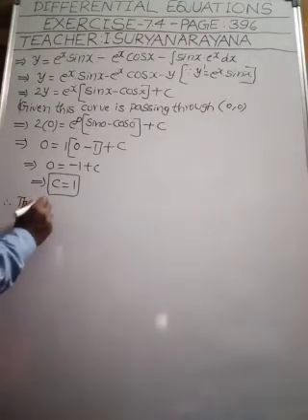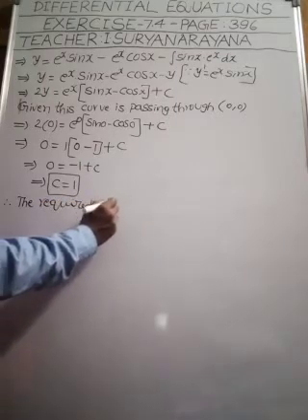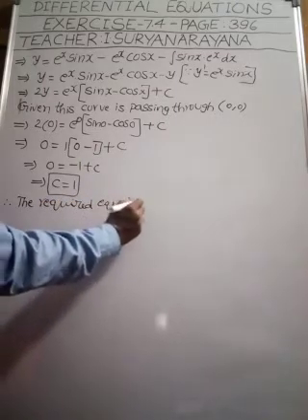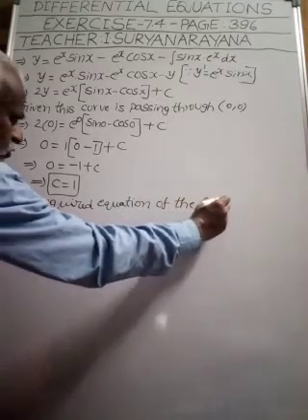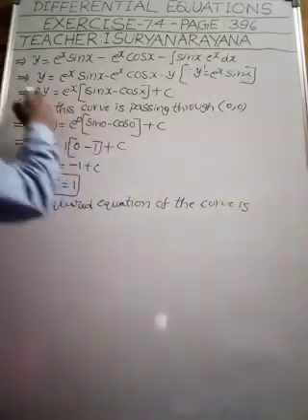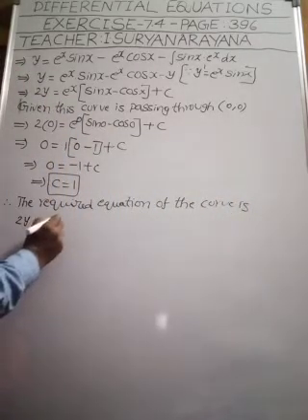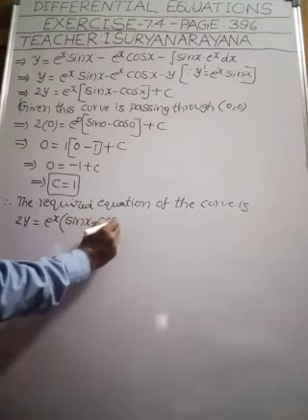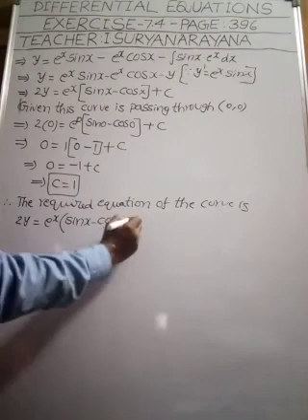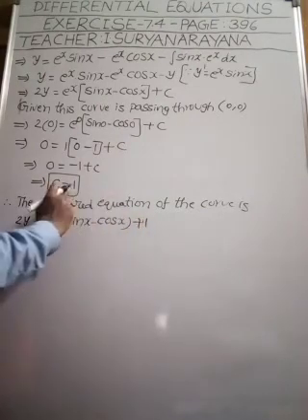Therefore, the required equation of the curve is 2y is equal to e power x into sin x minus cos x plus 1, because c is equal to 1.